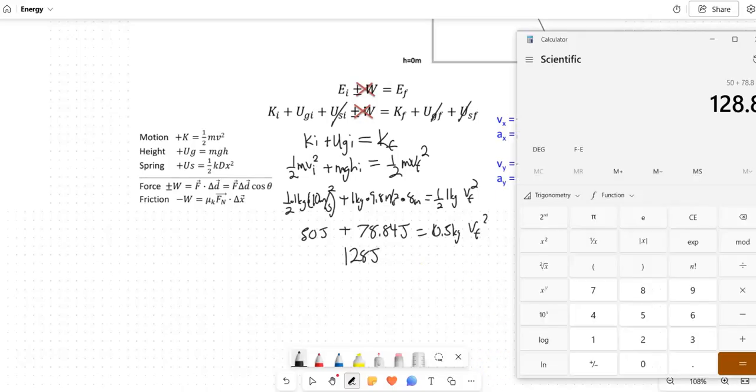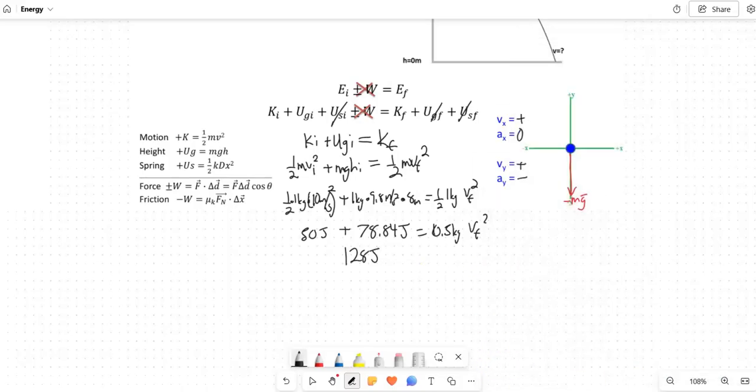So it's 128.8 joules, and that's equal to 0.5 kilograms times V final squared. So 128.8 joules divided by 0.5 kilograms is V final squared.